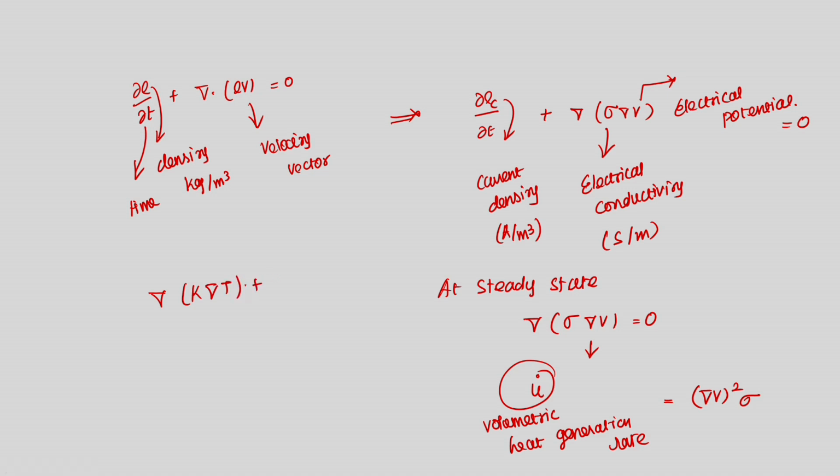The normal energy balance equation for solid food is k grad T equivalent to rho Cp dou T upon dou t. Here you will take the heat generation as well. This is the heat generation rate.